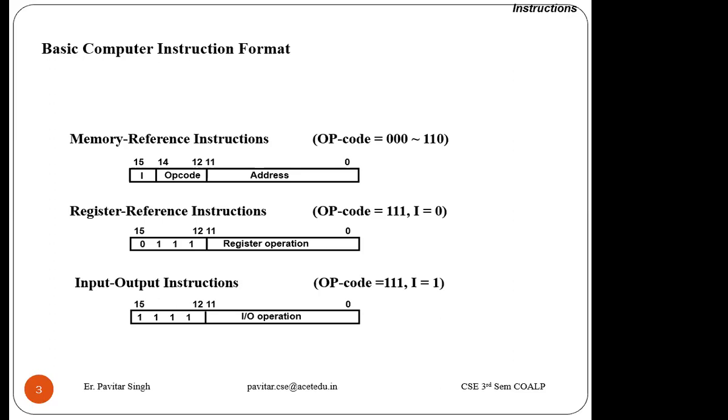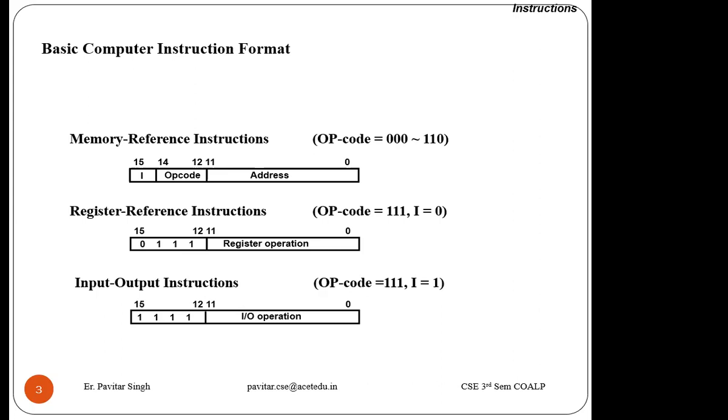In case of register reference instruction, your operation code will be 111, and the value of I is equal to 0. The operation code value is 111, which means 7.